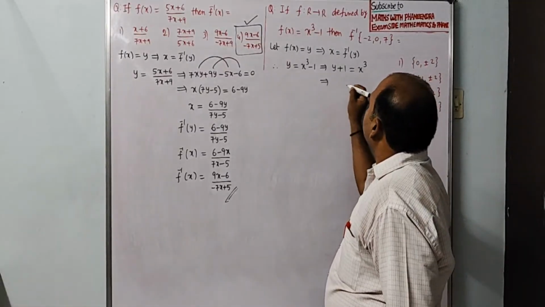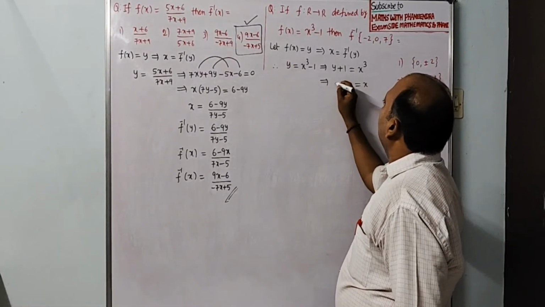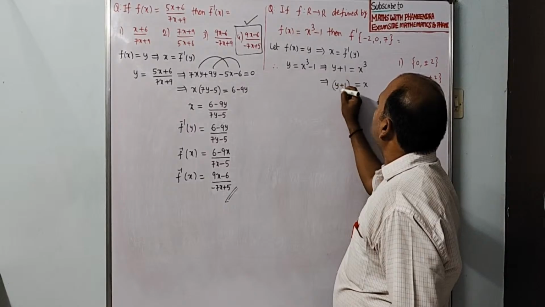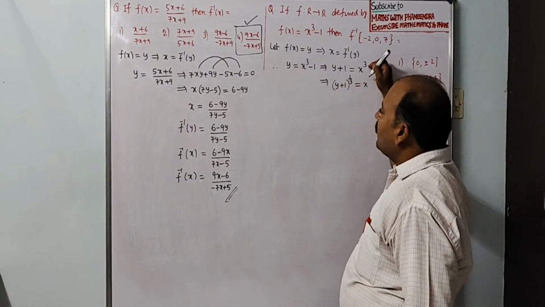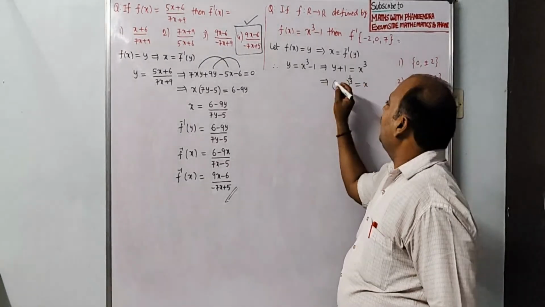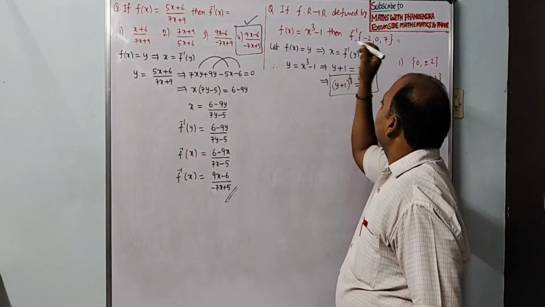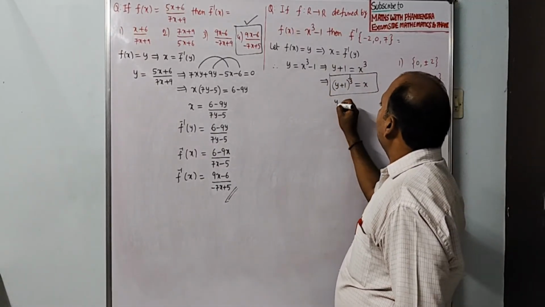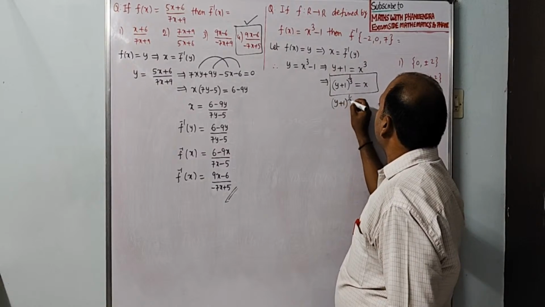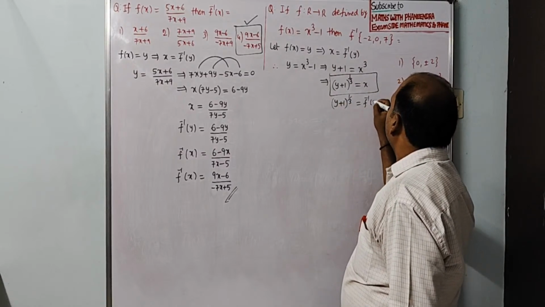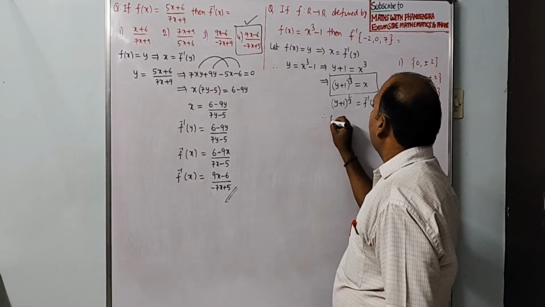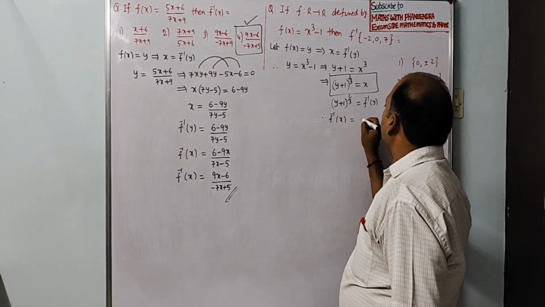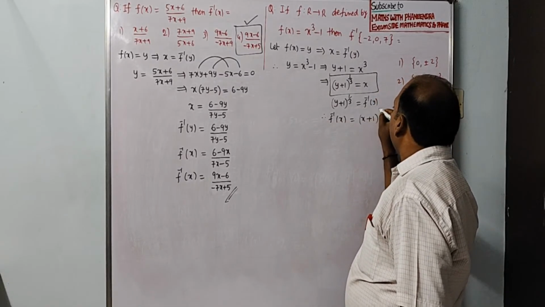So that implies x is equal to y plus 1 whole power 1 by 3. If we want to remove power 3 here, apply whole power 1 by 3 on both sides. So x value we got it, y plus 1 whole power 1 by 3 is equal to f inverse of y. Therefore, f inverse of x is equal to x plus 1 whole power 1 by 3.